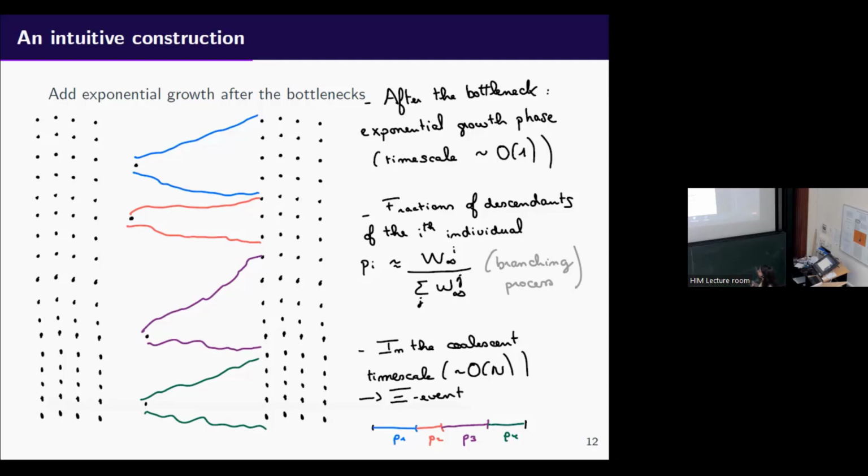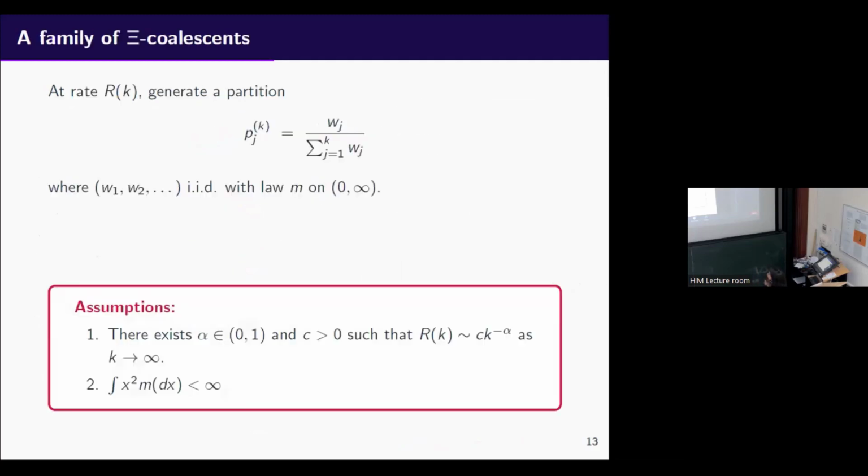And we did not prove it formally, but what should be happening is that the genealogy of this type of tree looks like a general family of Xi-coalescents that are generated by partitions in the following way.